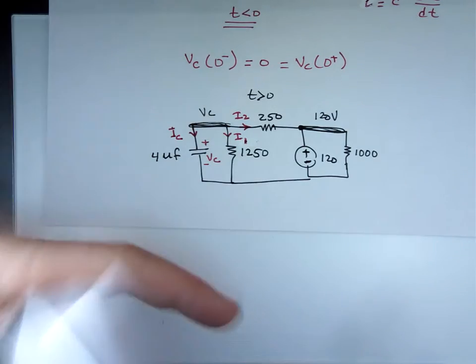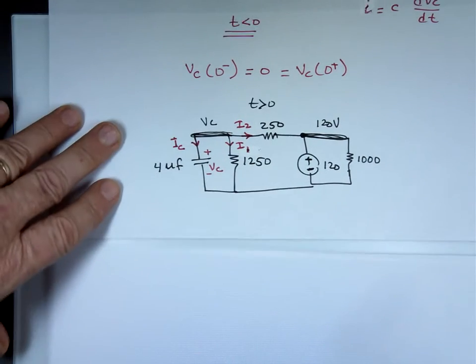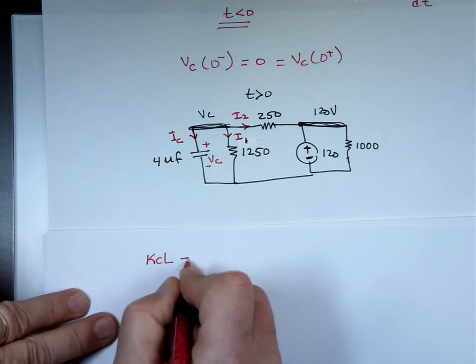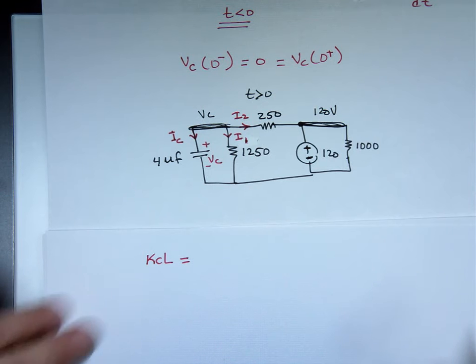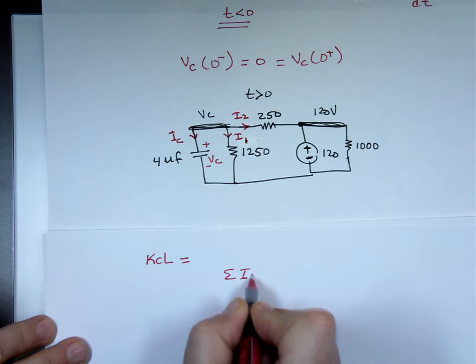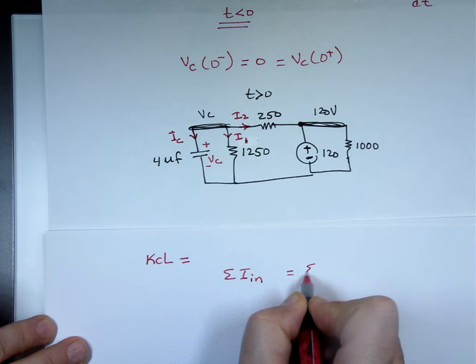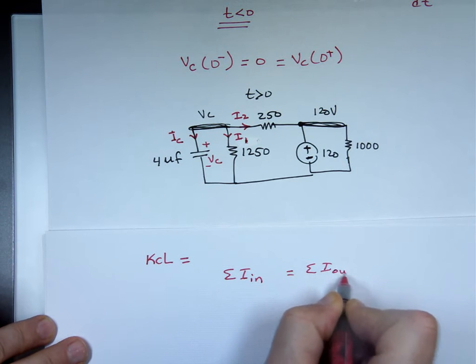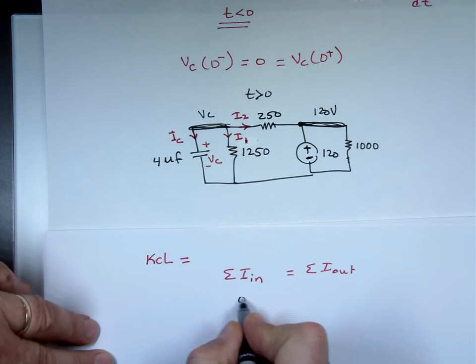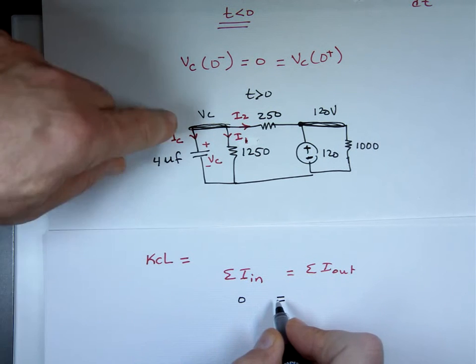Yep. So if I use capital letters, easier. We can do KCL at that node. It says if you add all the current going into that node, it is equal to all the current coming out of that node. What is going to that node? Nothing. What is leaving that node? I see this current here.